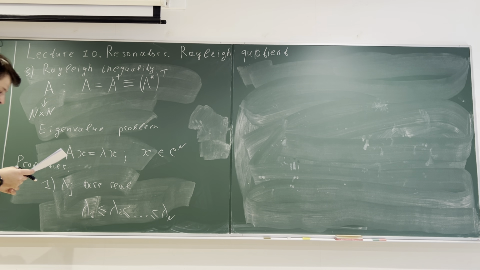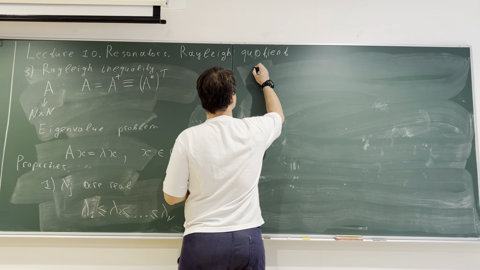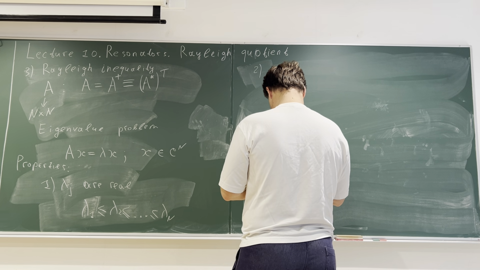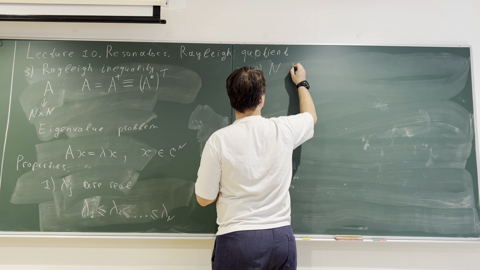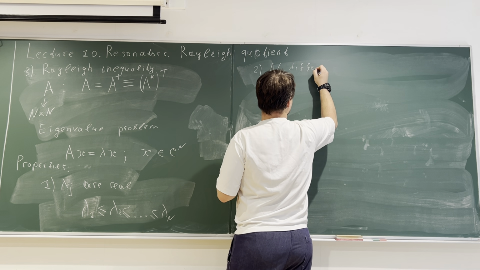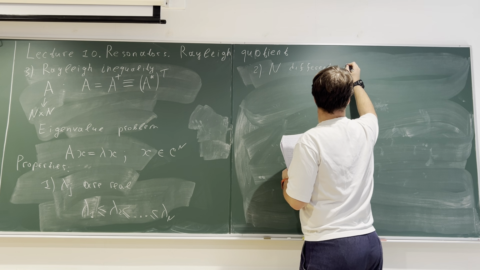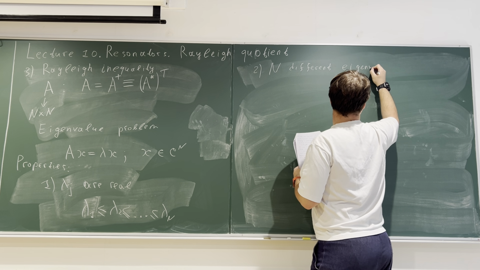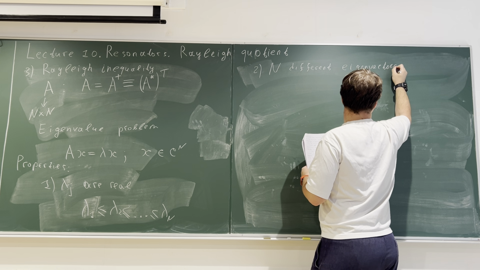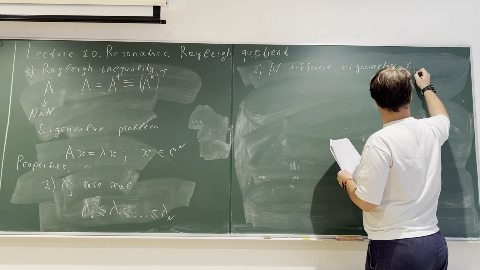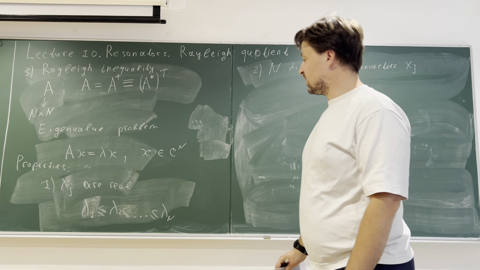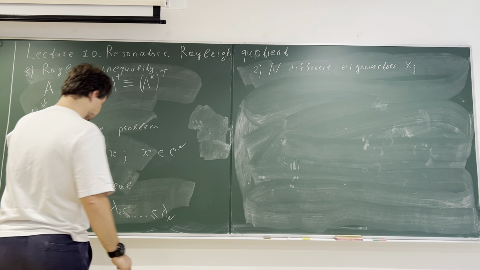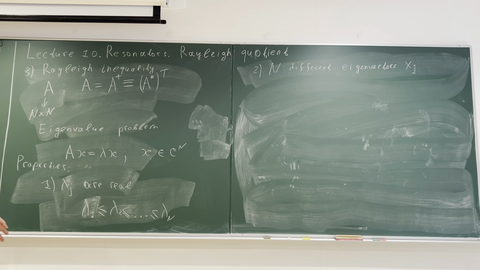This is one property, and the second property is that we have n different eigenvectors. This is a very important thing. If we have n different eigenvectors, then we can build a basis. Here I suppose that some of the eigenvalues can coincide.